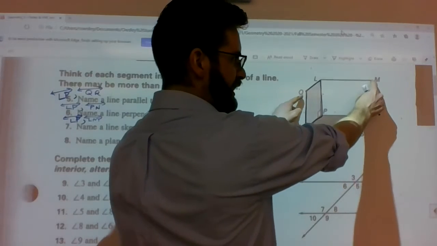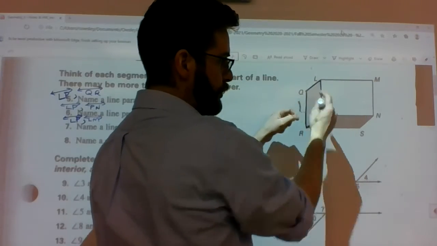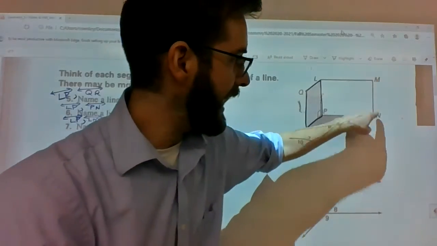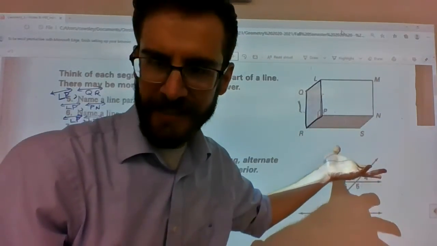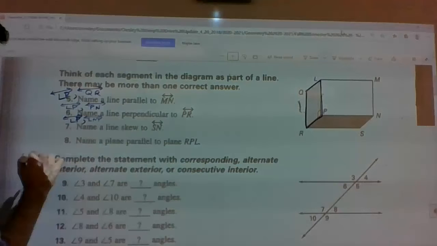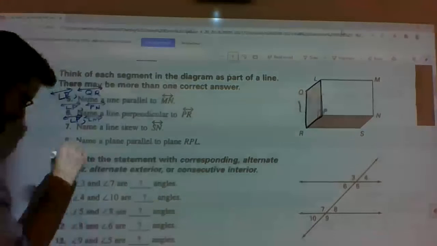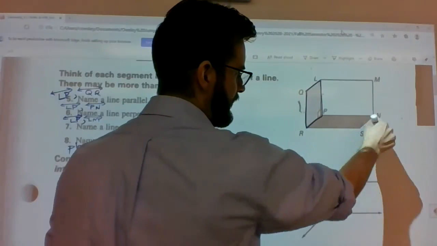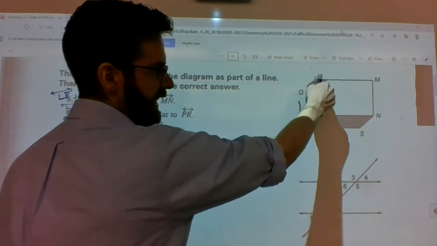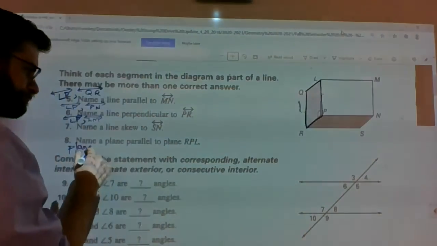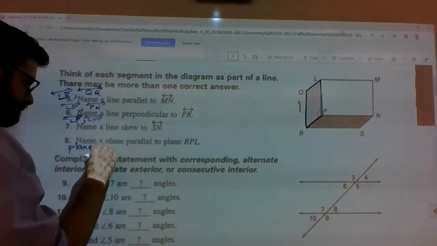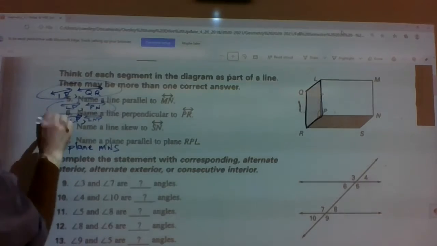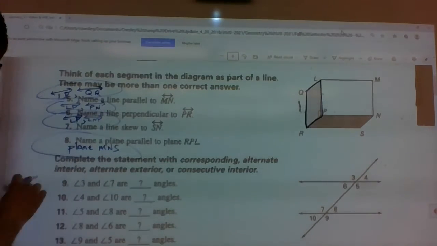It's not this hidden plane MLQ because it shares LQ. It's the plane that's created by M and S and some unknown point down there. So it's going to be plane, you could just use the word plane, M and S would be parallel to LPR. All right, so this is the answer for 5, 6, 7, and then there's 8.